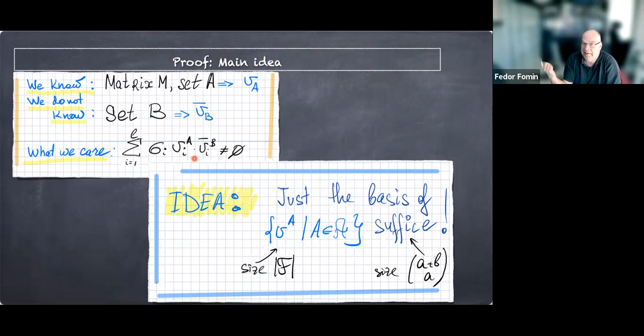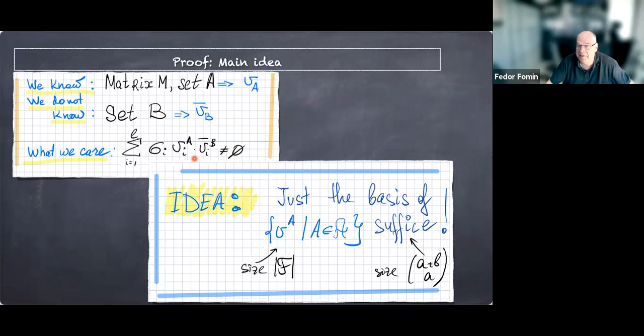And this is the only thing you have to check if a new set B comes, whether the vector is orthogonal to the space or not. But to get these answers, you don't need to keep all vectors in the subspace. The only thing sufficient for you is the basis, right?